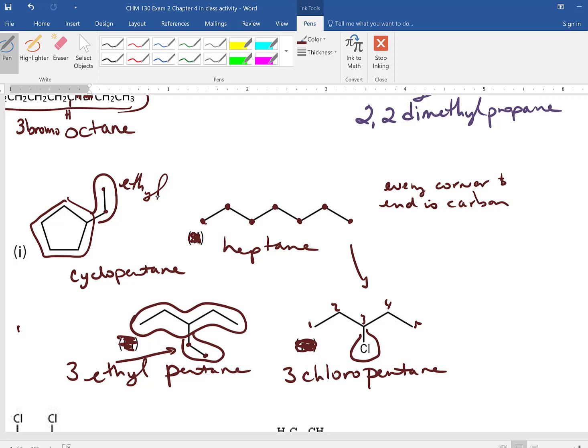So you always start numbering on the hanging group to give you the lowest possible number. So this would be 1. And it wouldn't matter if you went clockwise or counterclockwise, the ethyl is still hanging off of carbon number 1. So it'd be 1-ethylcyclopentane. If there's one, usually they leave that off. They would just call it ethylcyclopentane because clearly it would have to be on the one because it's the only one that's there.